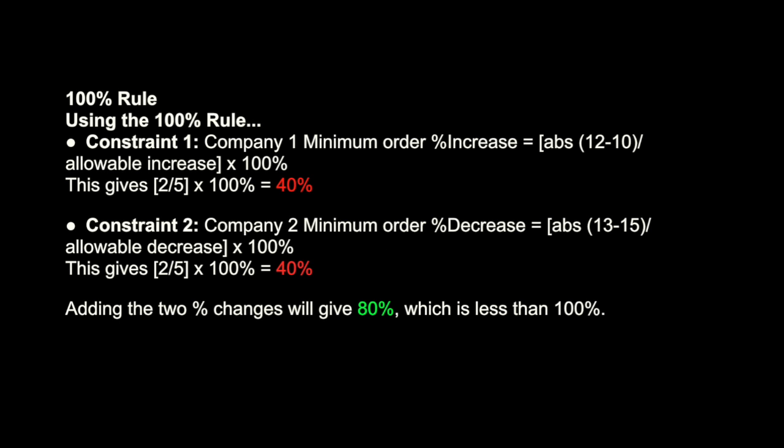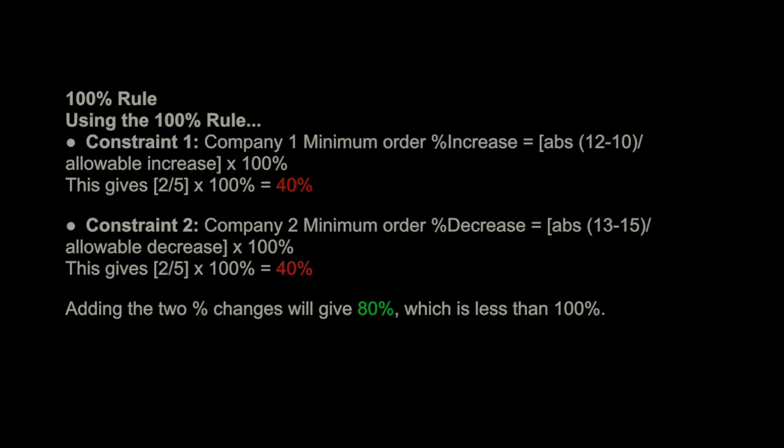Here we take the absolute value of 12 minus 10 divided by the allowable increase, multiplying by 100%, we get 40%. Continuing on, we take 13 minus 15 divided by the allowable decrease, multiplying by 100%, we also get 40%. Adding the two percentage changes will give us 80%, which is less than 100%, allowing us to continue our calculation.